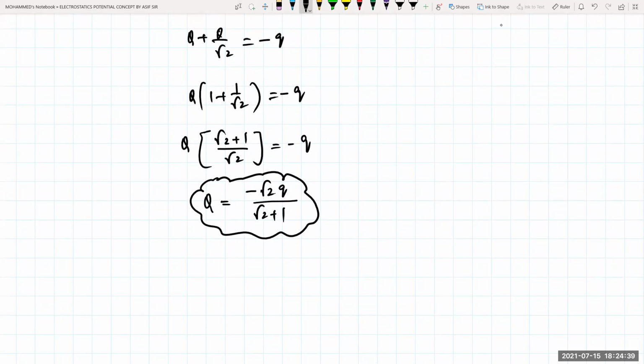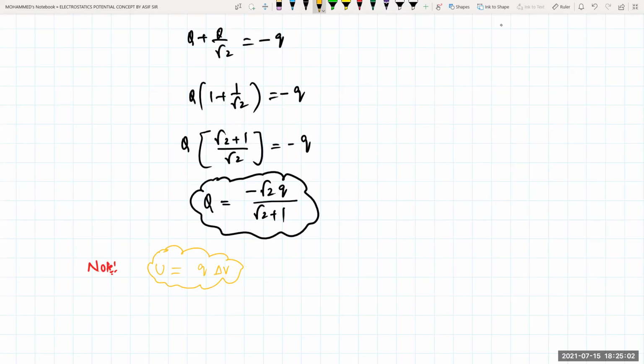One more relation for the energy, you can just keep a note right now. Energy can also be calculated by the formula: U is equal to Q into delta V. Energy is also equal to the product of charge into potential difference.